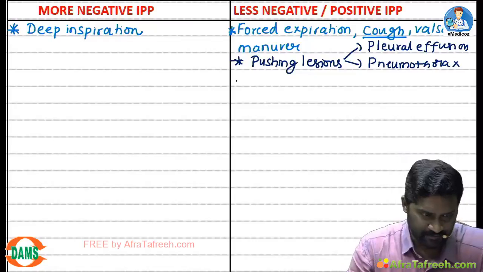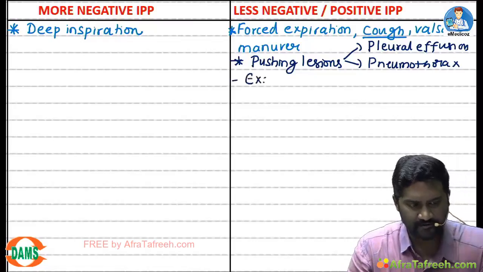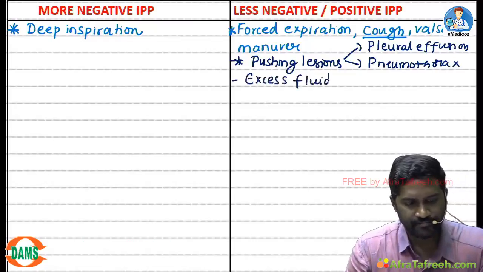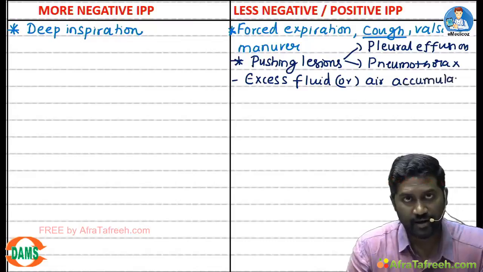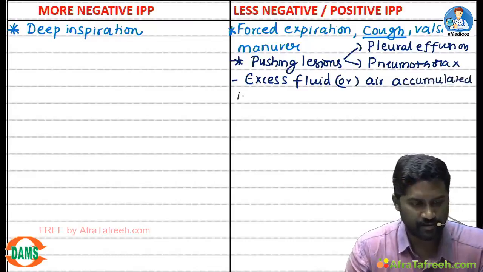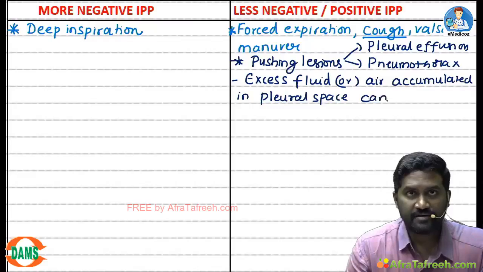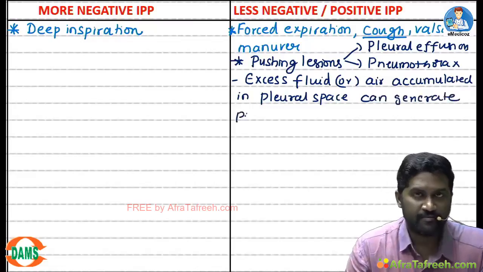So write down the mechanism, you will understand. Excess fluid or air accumulated in pleural space can generate positive pressure.